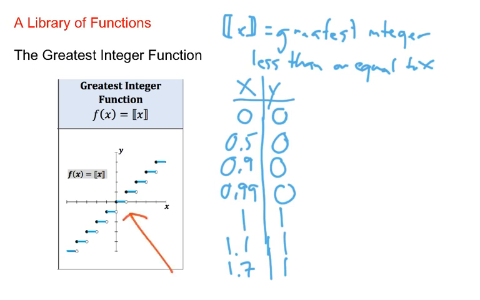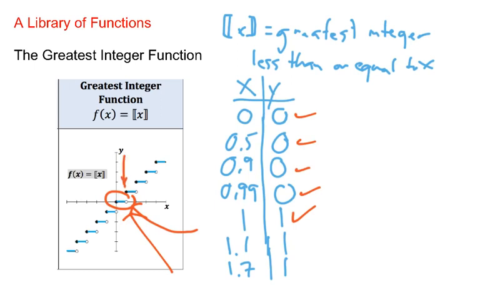And I want to focus just for a minute on that little piece right there. What that's saying is that for every value of x between 0 and 1, the y values all turn out to be 0. But when you get to 1, the graph hops up and hits a y value of 1. You might remember from a previous picture that this open circle here means that the point is not included.